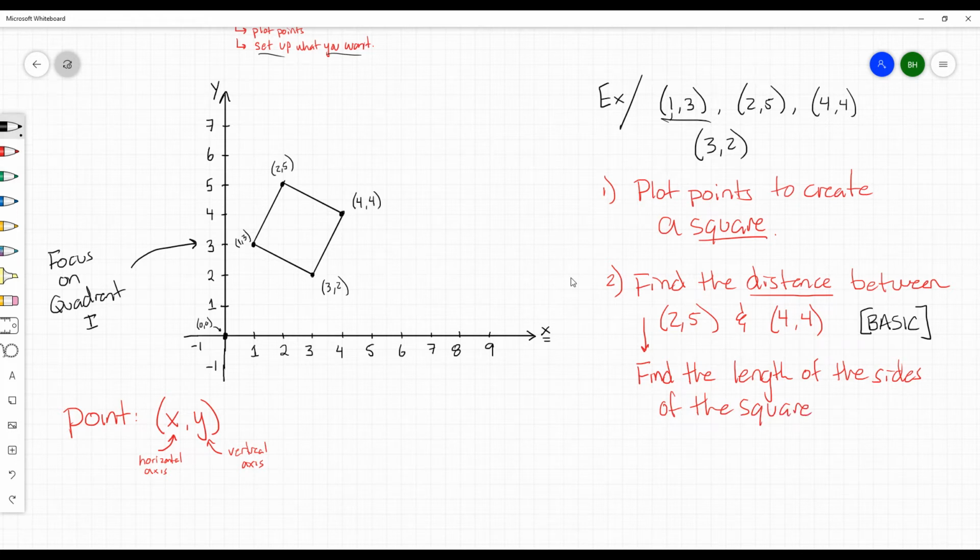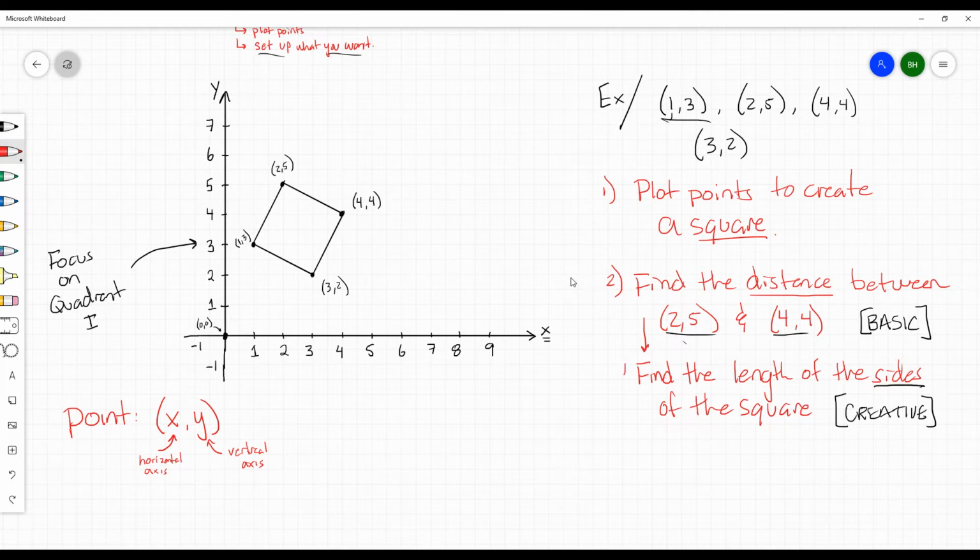So this type of question or problem is a little bit more in depth, right? It's a little bit more creative because it doesn't limit you into only using these 2 points. You can use any 2 points, but you need to know that you're looking for the side of the square.